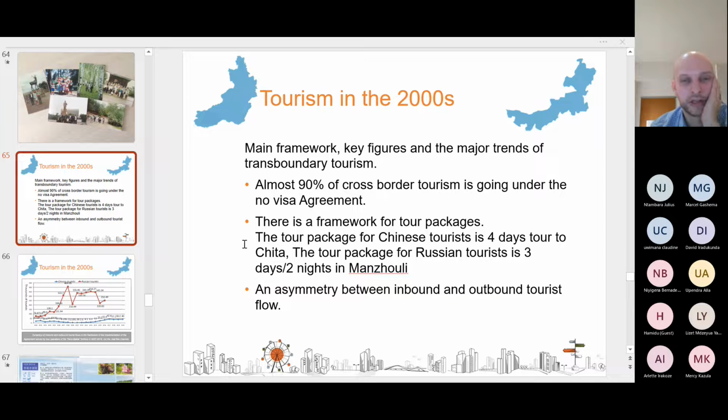So let's see the portraits of the Russian and Chinese tourists of that period. Russian visitors could be divided into 3 groups: entrepreneurs, import-oriented entrepreneurs, and tourists to Mongolia and to other destinations in China.